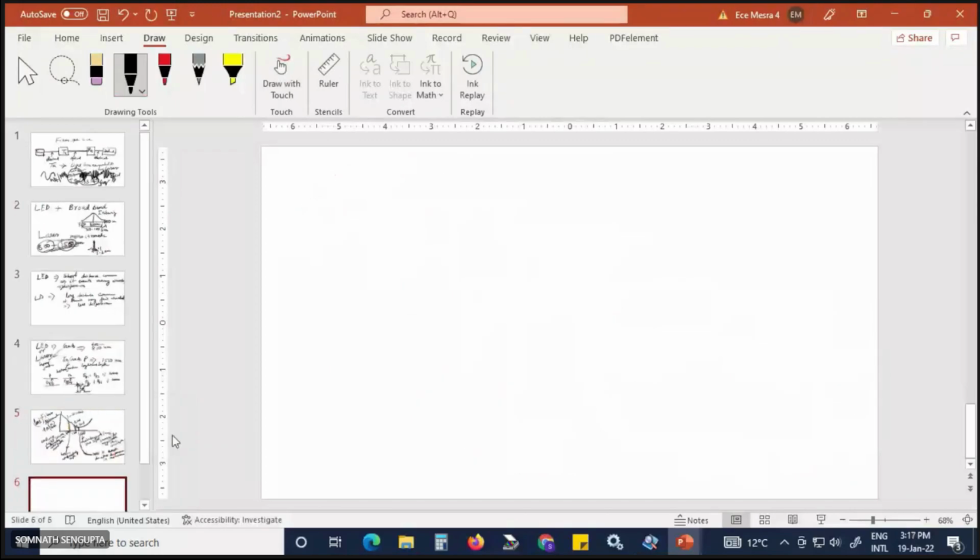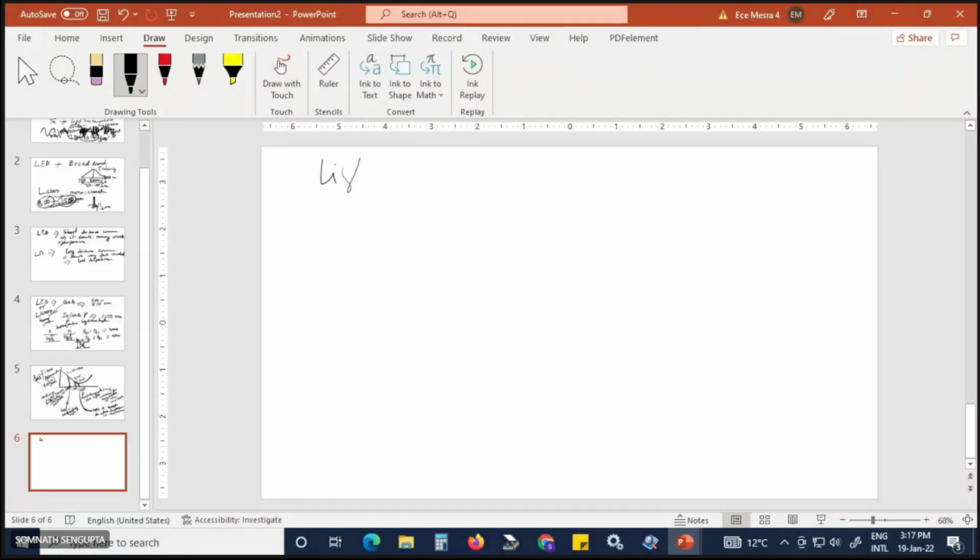Now, what is the principle of light emission? That is a forward biased PN junction.